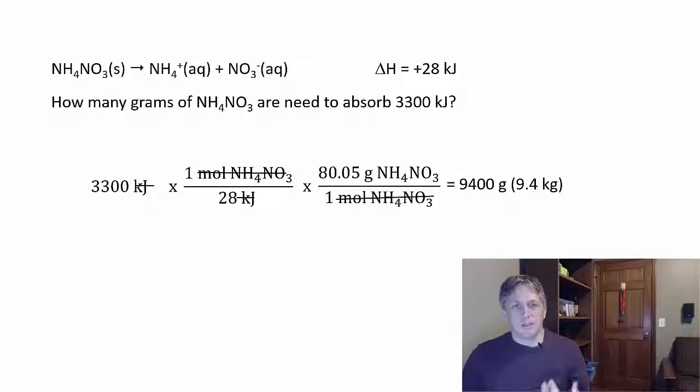So again, thermochemical equations, they're just chemical equations. Somebody just put a delta H sign there because that's important for whatever thing you guys are currently talking about. And a lot of the stoichiometry that you're doing in this part of the course is the same stoichiometry you've done before. For the most part, it's set up the same way. Convert this much of this stuff to this much of that stuff.